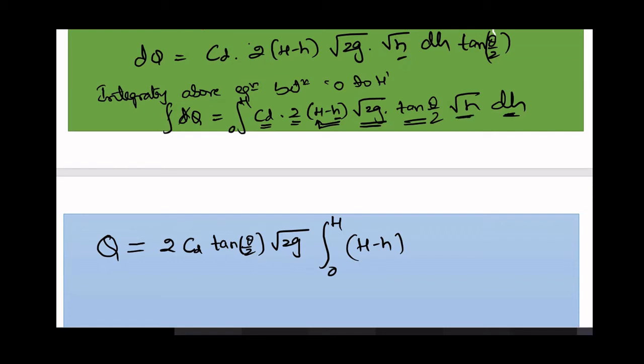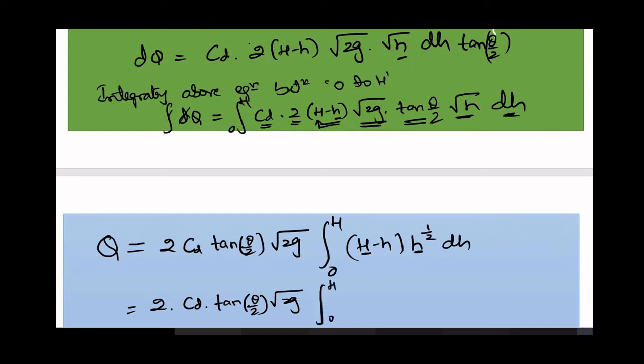this square root of h. For simplification, I will take h to the power of 1 by 2, because I need to integrate that equation. So I will write the same equation. These terms remain as they are, because all these are constants. Now I will multiply h with this term.